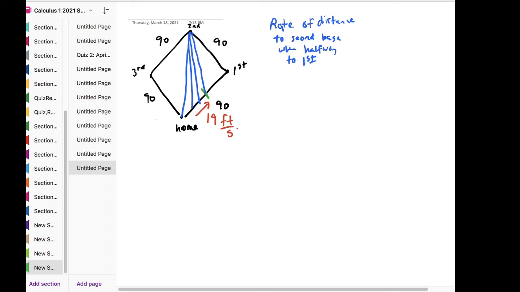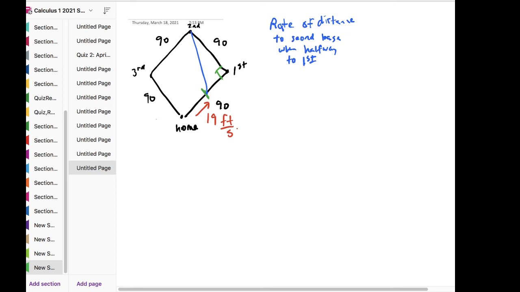So at every point in time you have this triangle, then as you continue you have this triangle, then this triangle, etc. It's always a right triangle when your right angle is at first base.